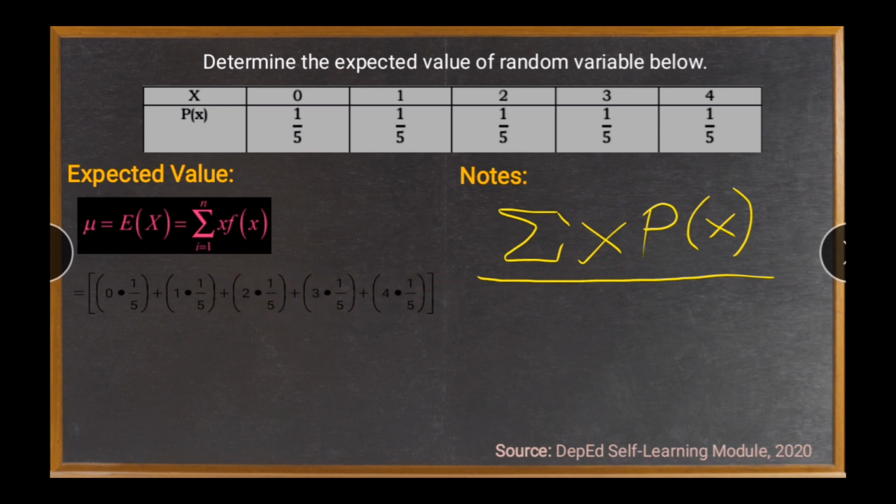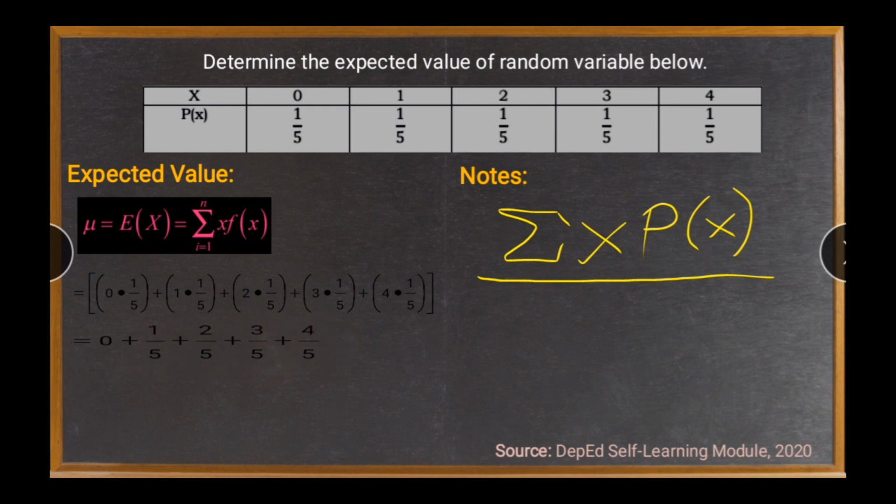You have 0 times 1/5, that's 0. 1 times 1/5, that's 1/5. 2 times 1/5, 2/5. 3 times 1/5, 3/5. 4 times 1/5, 4/5. And then if you're going to add these, these are similar fractions.